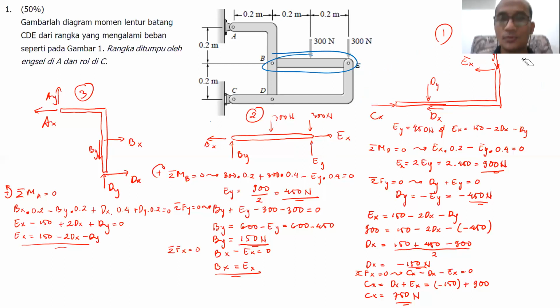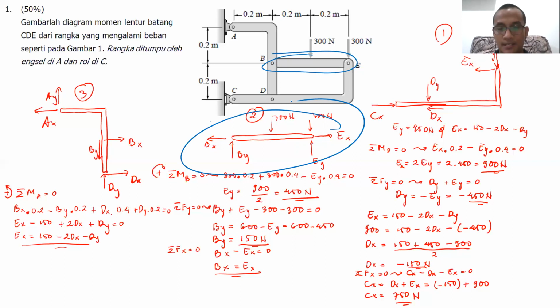Here I assume that the reaction at point E in the first free body diagram, member CDE, comes only from the pin, EX and EY. I assume all the 300 Newton forces happen at the second free body diagram, member BE.